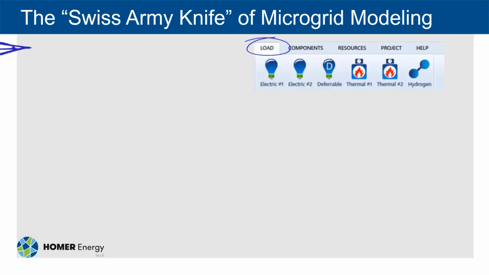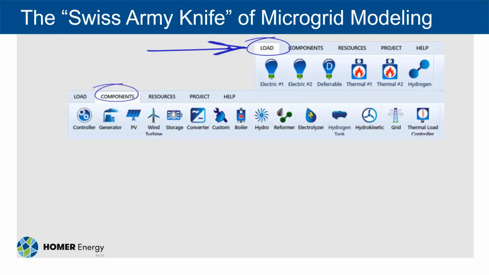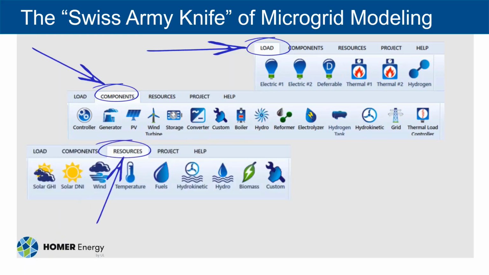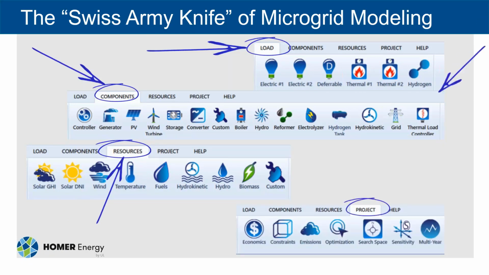But just to give you some idea of how many things it can do, HOMER Pro can handle 6 different load types, 14 different types of generation, storage, and controls, each of these with its own set of options, 9 different resource types, including a custom resource, and 7 other categories of control, again, each with its own set of options. So doing a little quick math, that's literally thousands or tens of thousands of possibilities within one program.